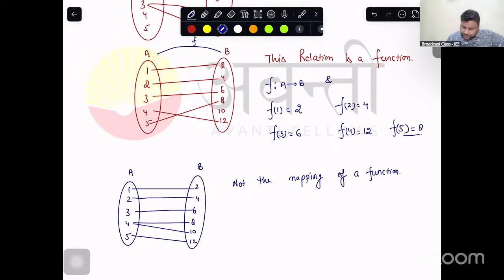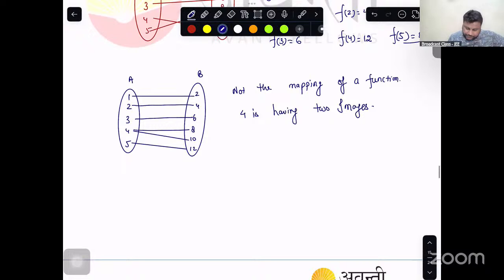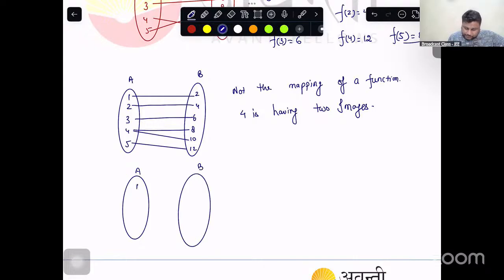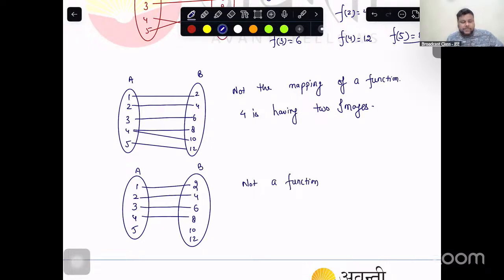Why so? 4 is having two images. So, not a function. If I make a mapping like this, again, not a function. Why so?